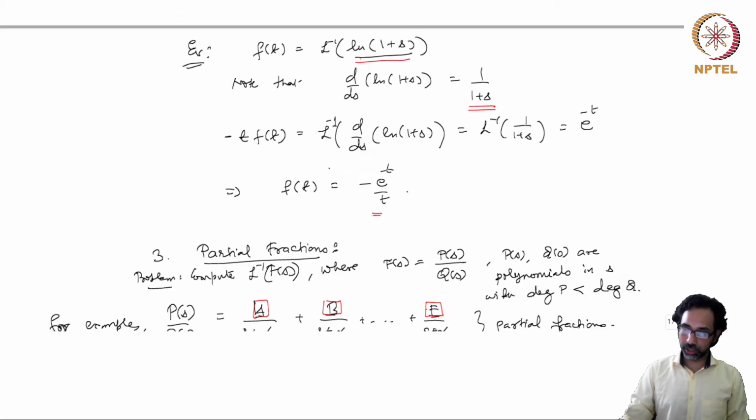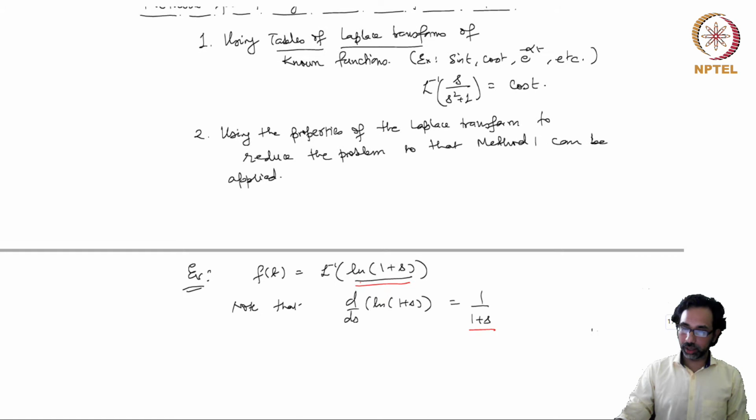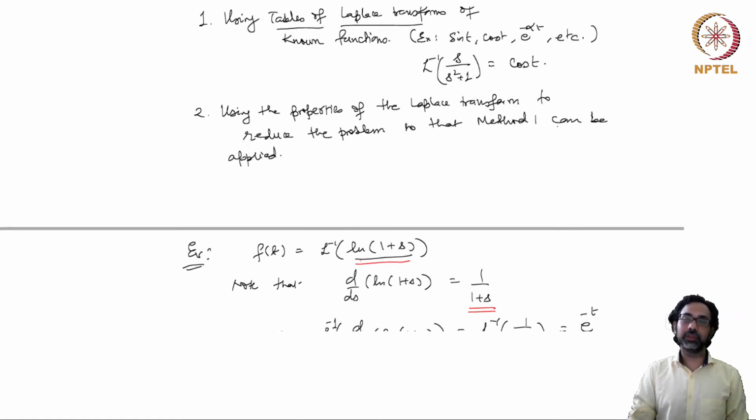So of course here we can use all the basic properties that we have covered of Laplace transforms, starting from linearity, change of scale, first translation, second translation, multiplication by t, division by t, and then we have the derivative theorem, then we have the Laplace transform of integrals, and all these properties that we have seen we can use in this method too. So I'm not going to explicitly redo more examples in this method.